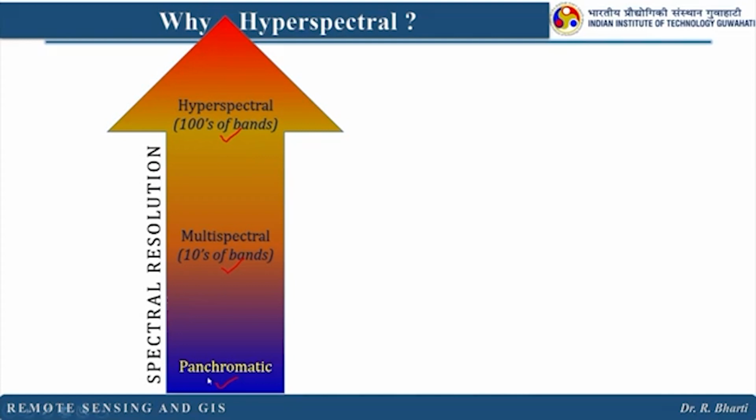But whereas in hyperspectral you have hundreds of bands, but you do not have any gap in between the bands. So, you have contiguous information about that target across the wavelength, right.